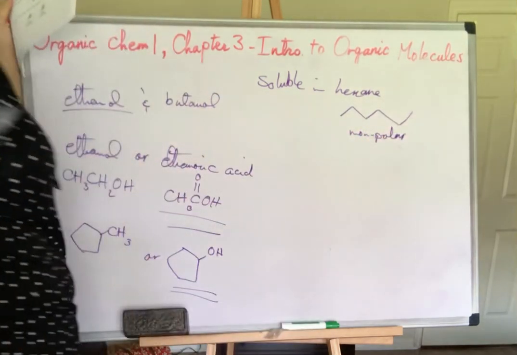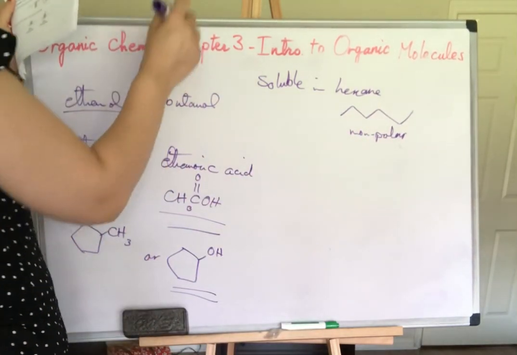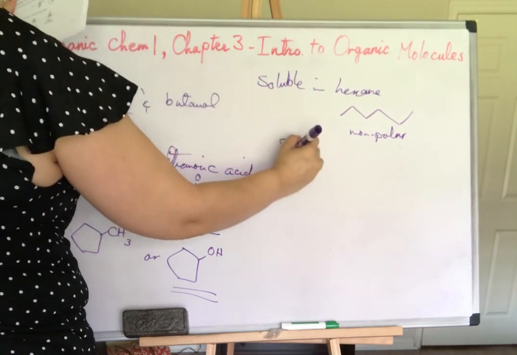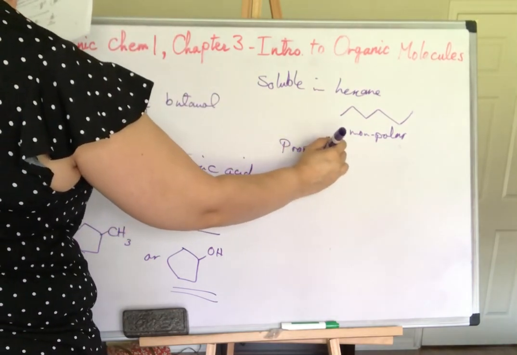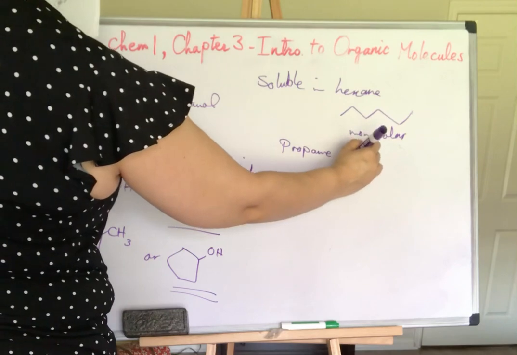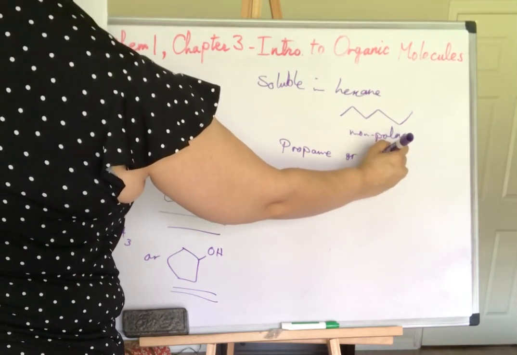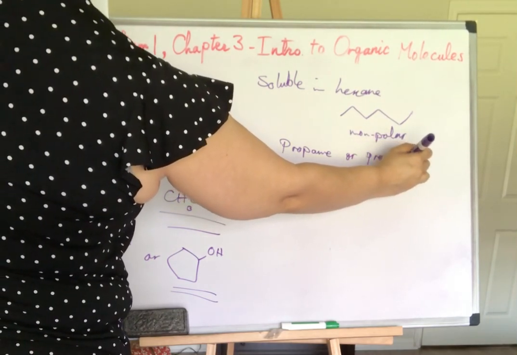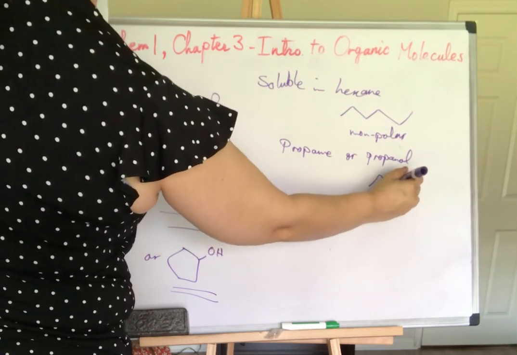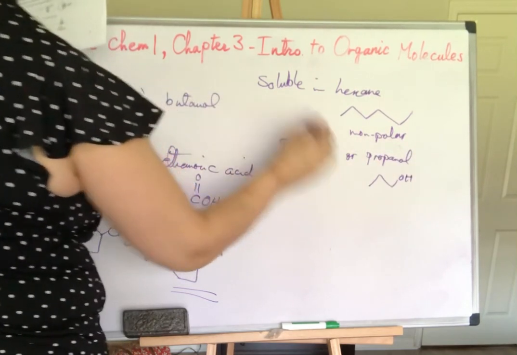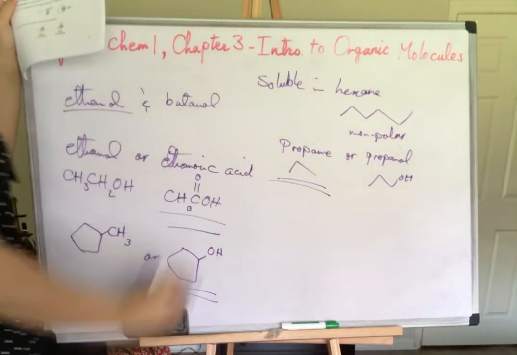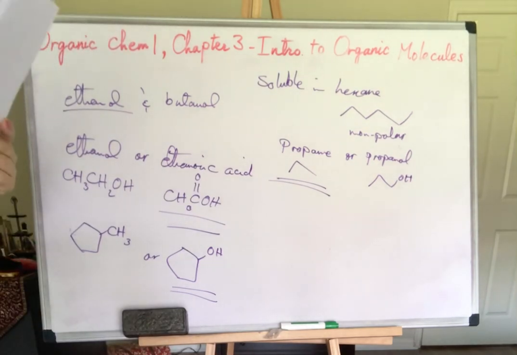Polar in polar, nonpolar in nonpolar. So this time we're looking for a nonpolar molecule because it has to dissolve in a nonpolar solvent. Propanol or propane. This is propanol and this is propane. I'm sure you would say this one because this is a nonpolar molecule.